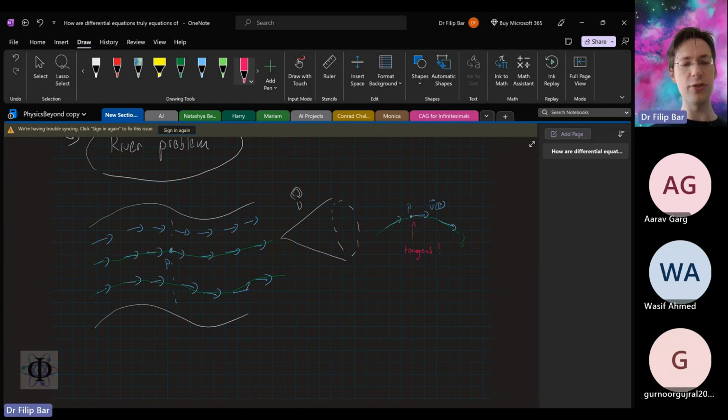Then, if we want to trace out the path that an object is going to follow, we follow these different arrows. Whenever I'm drawing such a green path gamma, all the arrows have to be tangent to it at the tail, at the point where they start. That's where they have to be tangent to the curve.